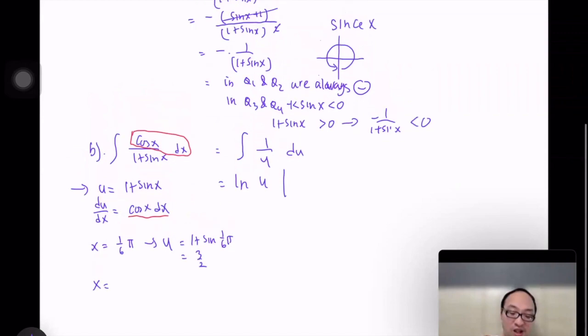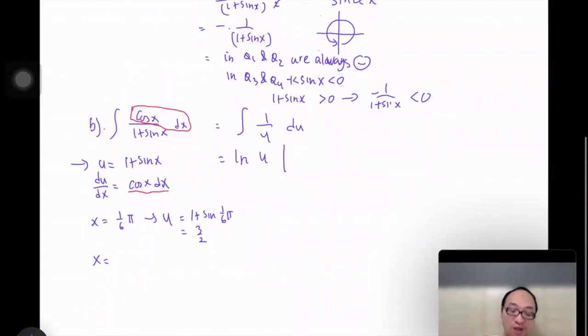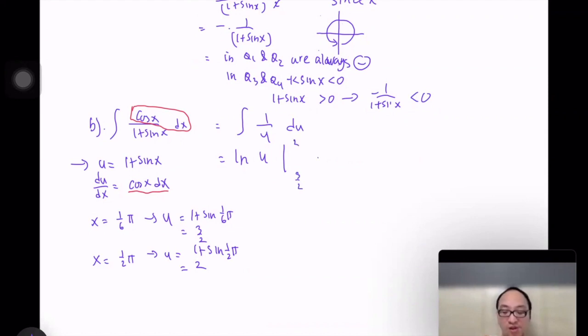And for x equals 1/2 π, u is 1 plus sin(π/2), which is 2. So the boundaries are from 3/2 until 2. That means ln 2 minus ln 3/2.